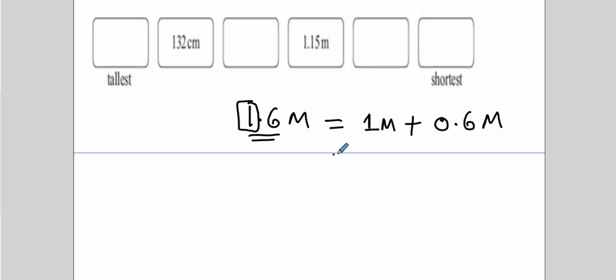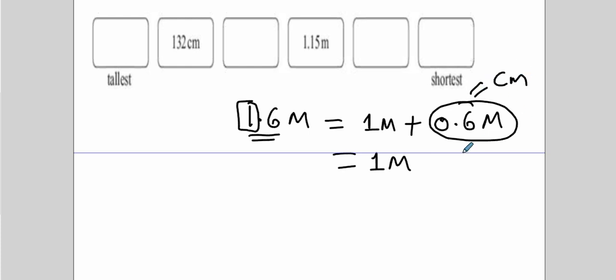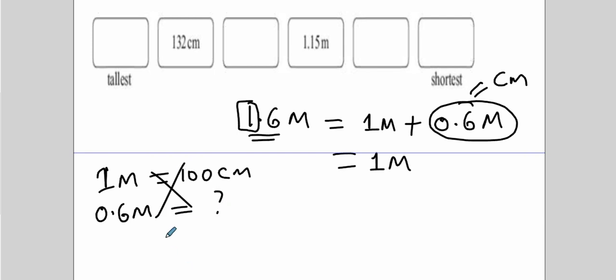Now 1 meter will remain the same, but the 0.6 meter is what we change into centimeters. So we know that 1 meter equals 100 centimeters. How about 0.6 meter? Cross multiply, so this will be 0.6 times 100 divided by 1.